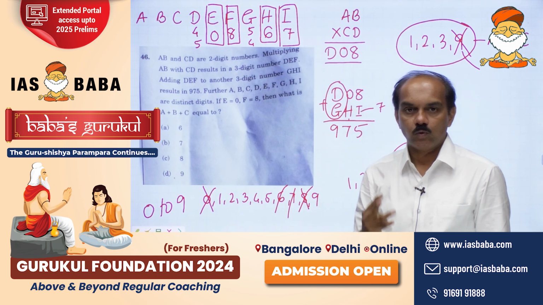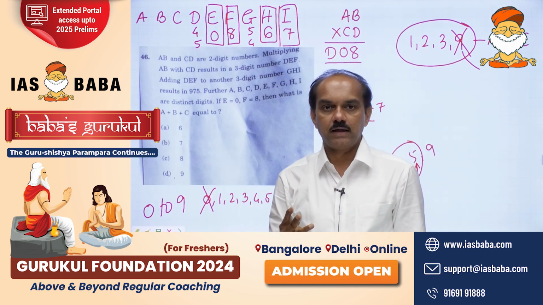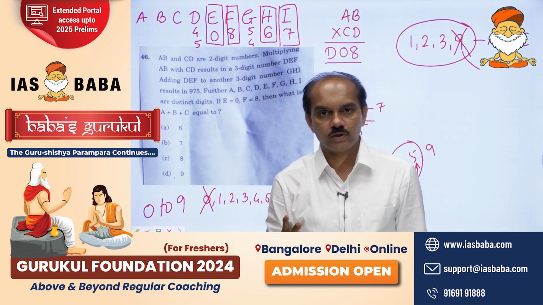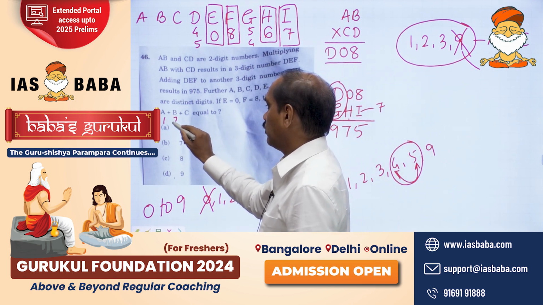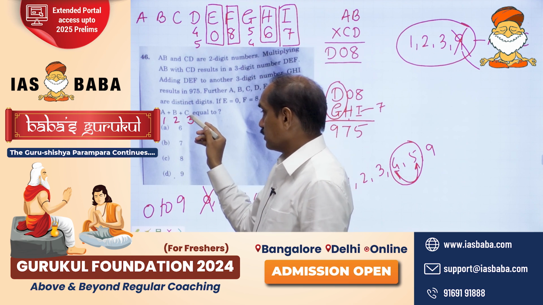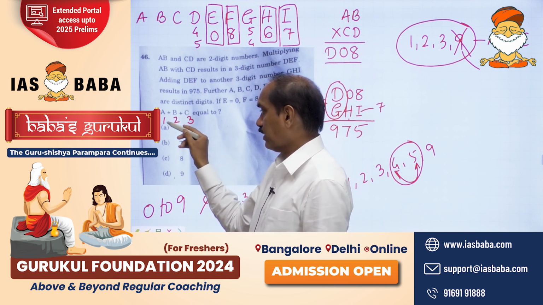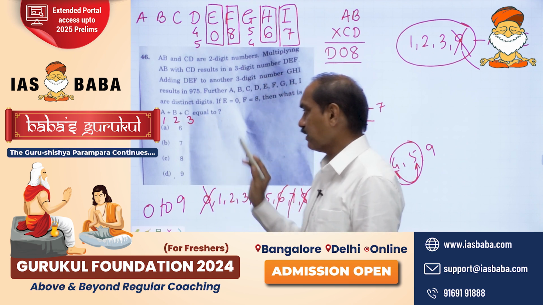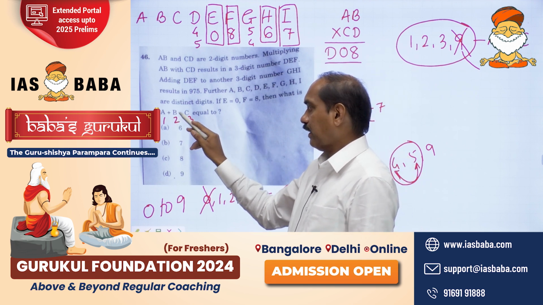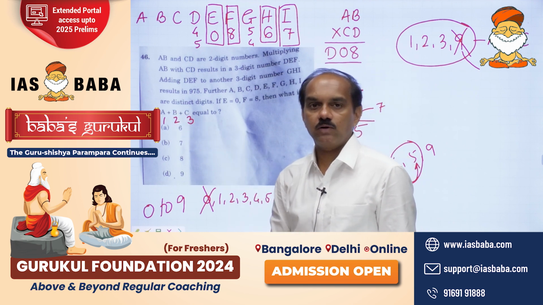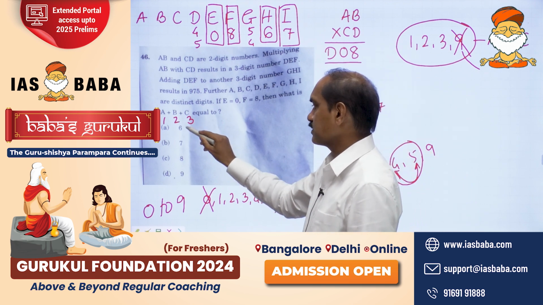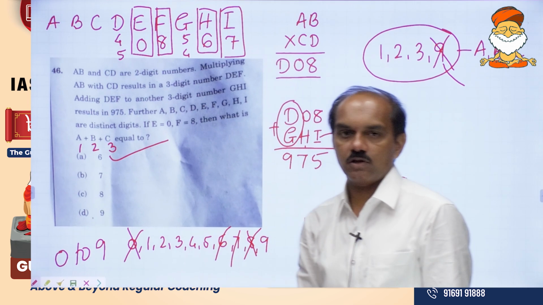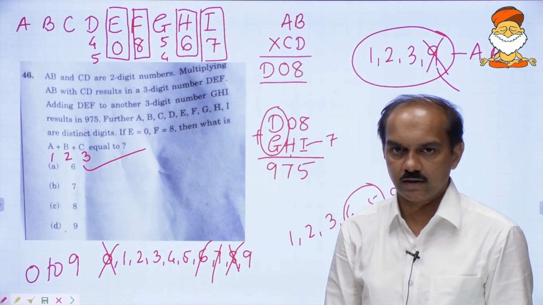Out of these 3, one will go with A, one with B, one with C. A can be 3, B can be 1, that is allowed. But A, B, C will take the values 1, 2 and 3 undoubtedly. So 1 plus 2 plus 3 gives you the very first option 6, and that is the final answer.